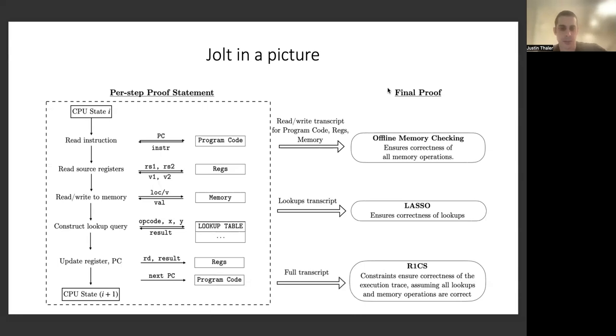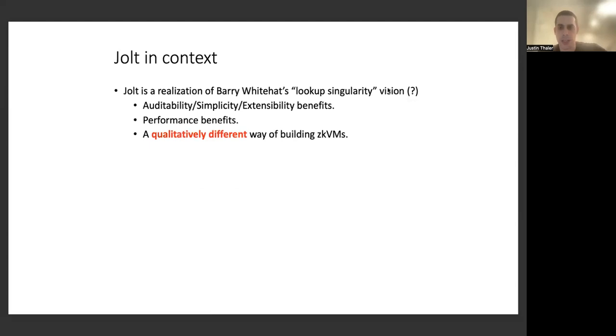Cool. Okay. So I've told you what Jolt is now. And just some brief context, we're pitching Jolt. We think it is a realization of Barry Whitehat's lookup singularity vision, because most of the serious work happening is happening in the lookup argument, even though the prover costs actually are split evenly between three components of the system.